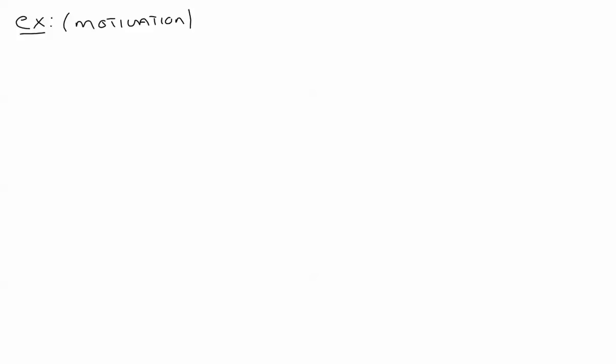So, for example, what if I have something that looks like this? What if I've got a linear system of some sort? And let's pretend that this linear system might have two inputs.